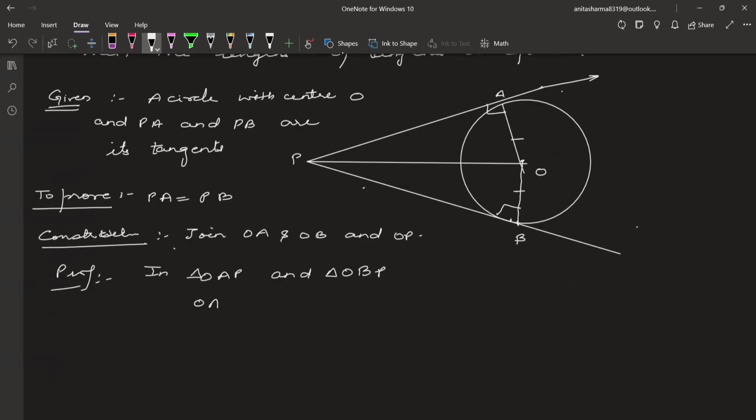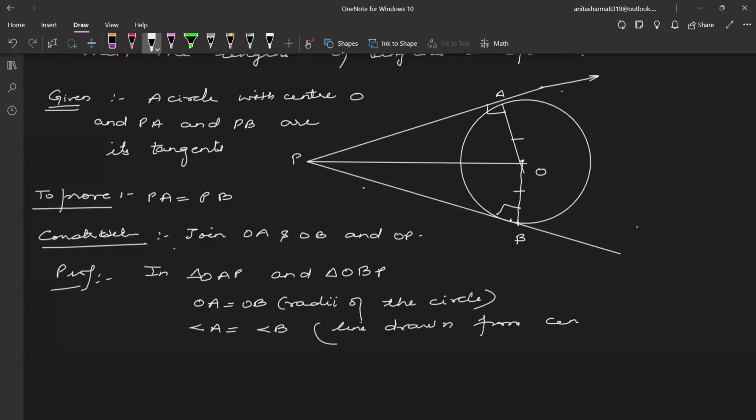So you will write OA is equal to OB, radii of the circle, and angle A is equal to angle B. You will write line drawn from center to the point of contact is always perpendicular. Clear? Because you need to specify the reason always.